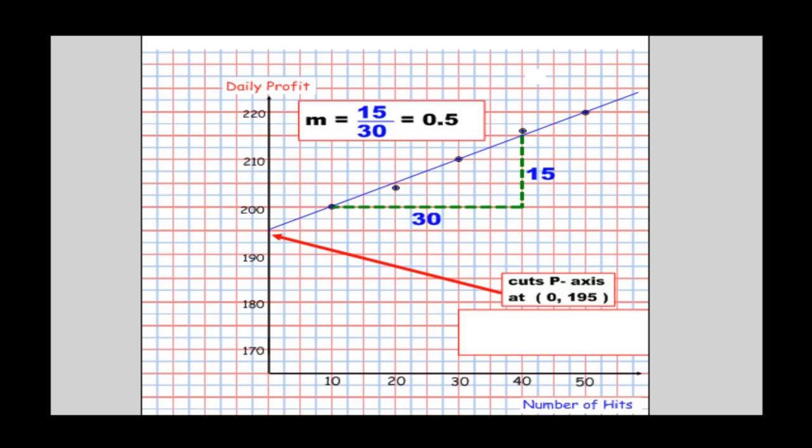We could call this H. So P is equal to the gradient, 0.5 times H, plus 195, the place the line crosses the P-axis. So this is the equation of our line. P equals 0.5H plus 195.